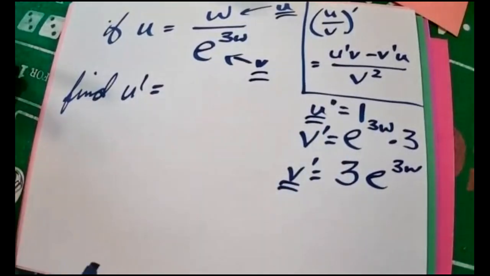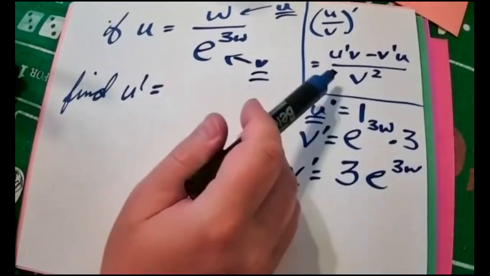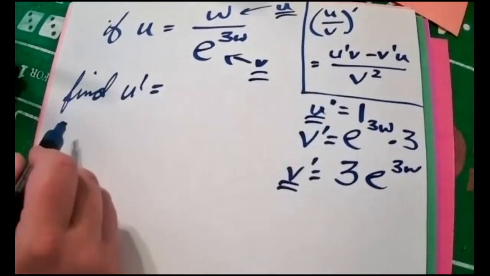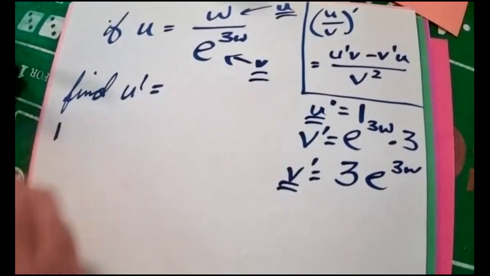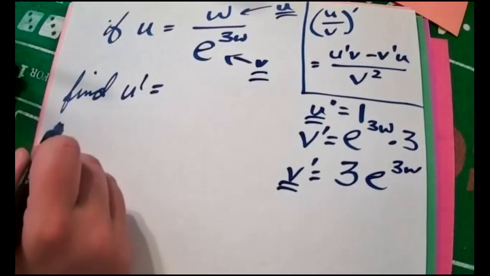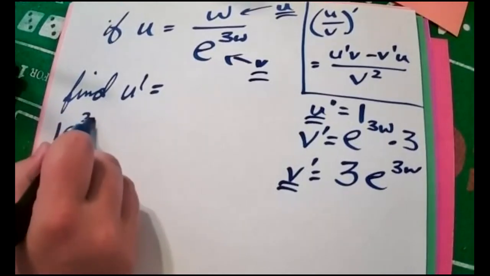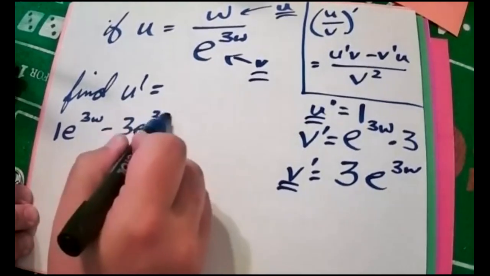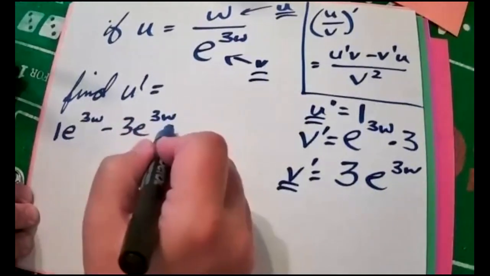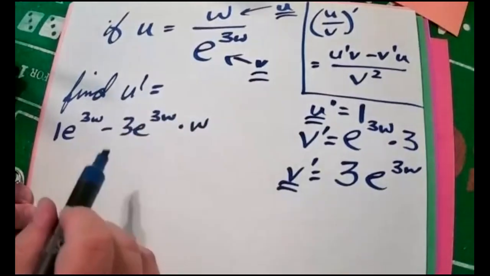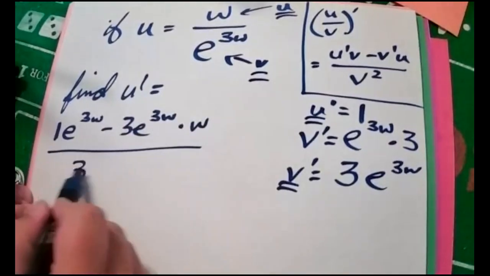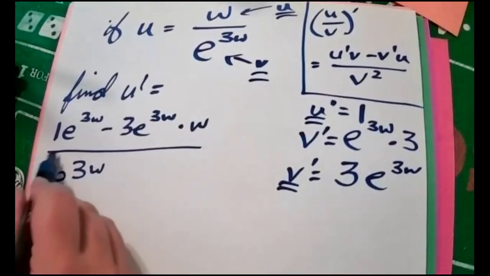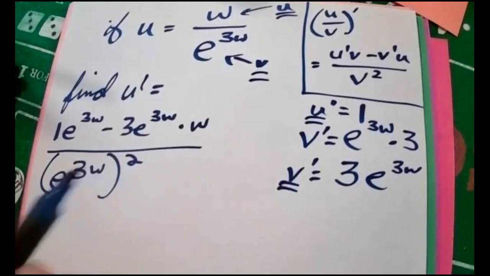Now I can assemble the derivative using the quotient rule, which is right here. The derivative would be u prime v minus v prime u all over v squared. Like so.